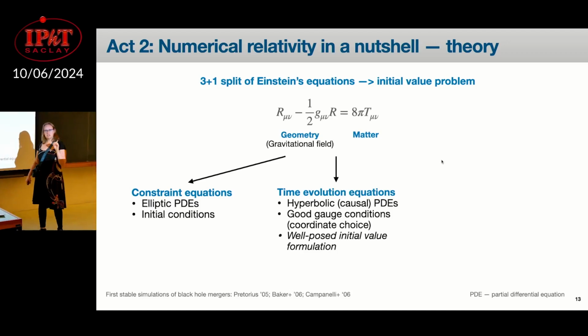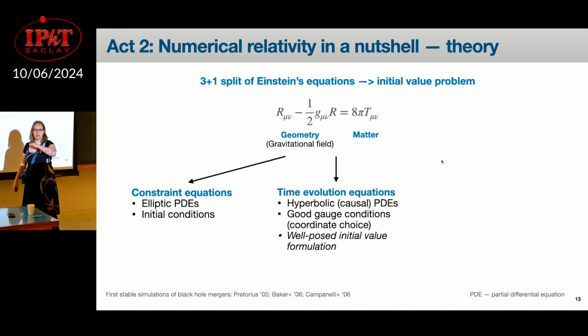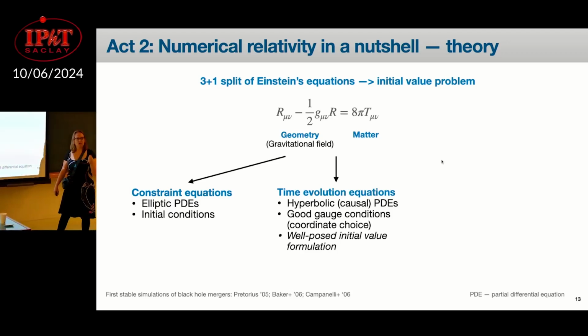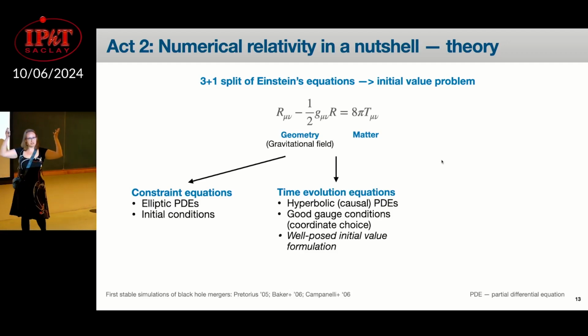The other thing that we need to think about is the structure of my time evolution equations themselves. We need to have something that we call mathematically well posed. So if I start with some smooth initial data, then my data at a later time should depend continuously on my initial conditions.